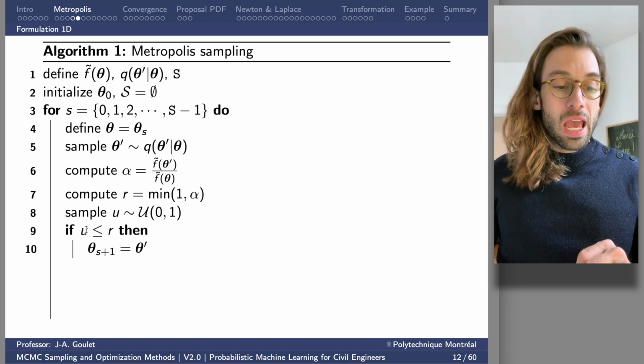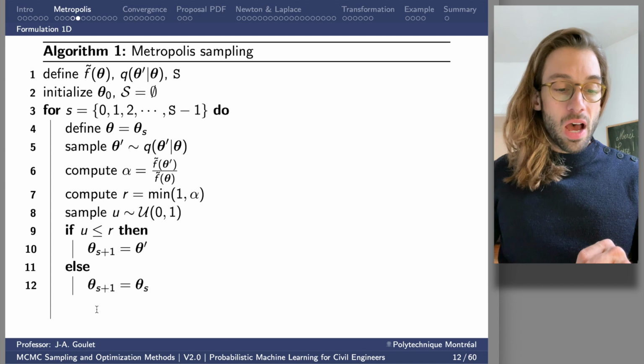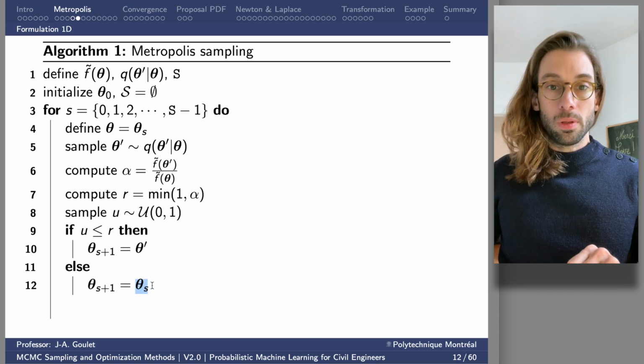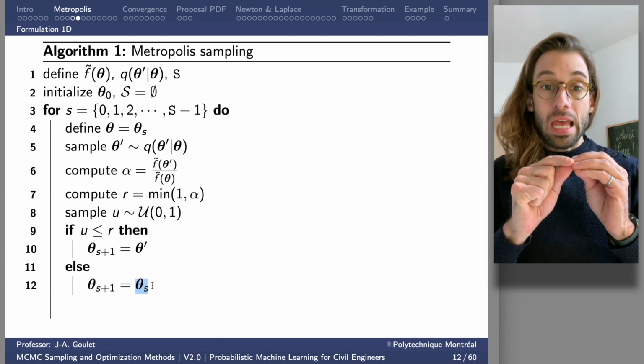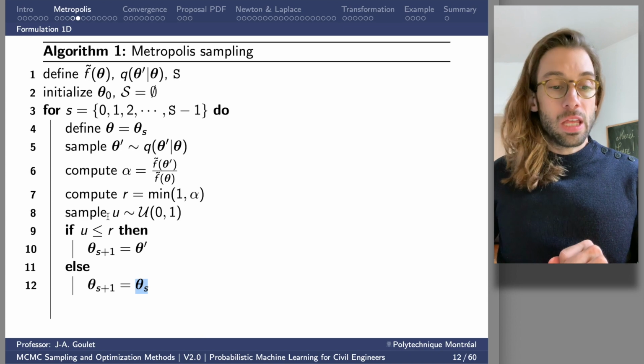If U is lesser or equal to R, then my new sample is the sample theta prime that I proposed here. If this condition is not satisfied, my new sample is actually the current sample. So I'm staying at the current position. I don't accept to move to the position that was proposed.